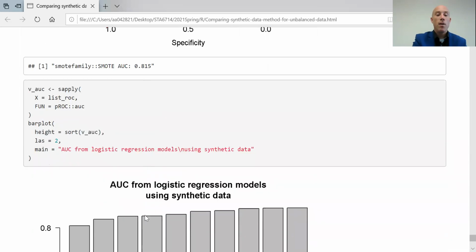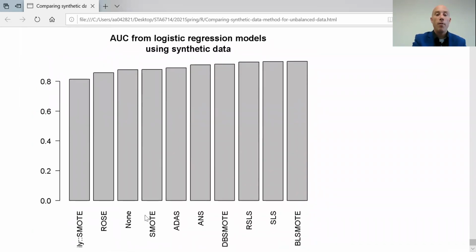Okay, so let's take a look at how that compares in a bar plot. All right, when I look here, first and foremost, just not using any synthetic data did better than rows and did better than smote family smote. All right, so we know that for this problem, I absolutely would not want to use either one of these techniques.